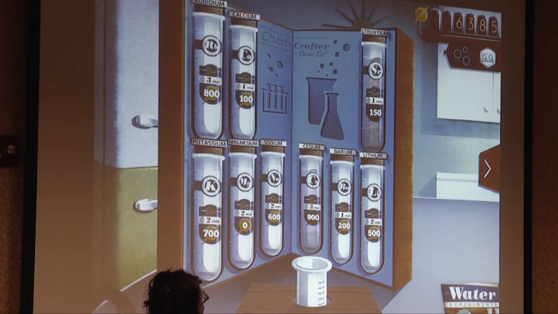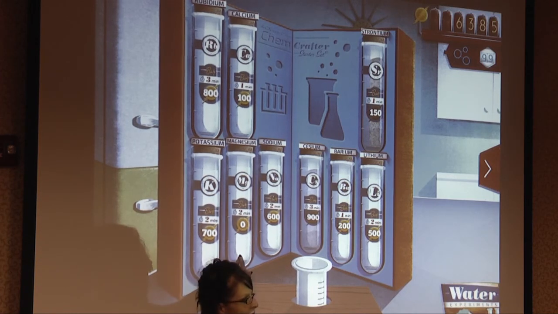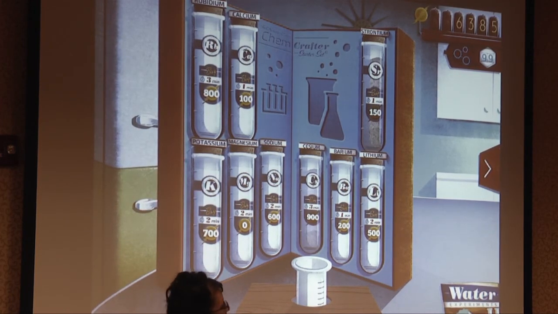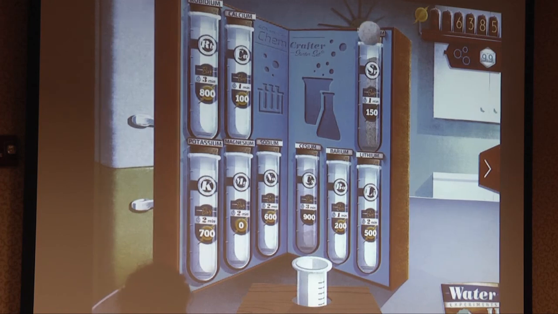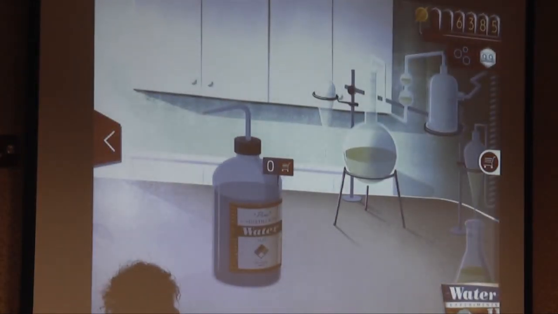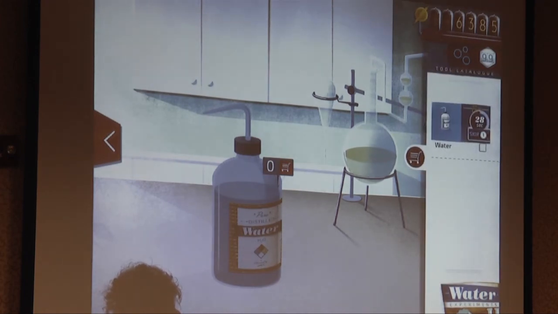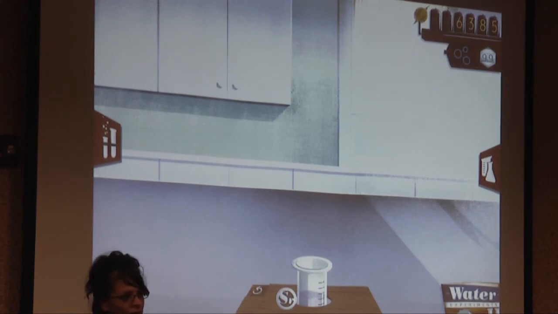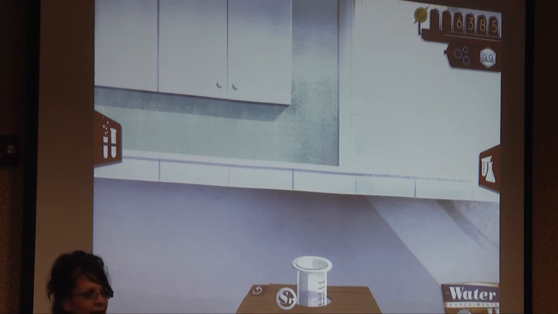At first you don't have a lot of chemicals, and it's like 2 minutes. So sometimes you have to wait to do the chemistry experiment, which is horrible. But you just take your strontium and plop it in there, and once your water is ready, you take the beaker here and dump it in, and it shows the reaction. And then it tells you the chemical formula and the name of what you have if there is a reaction.